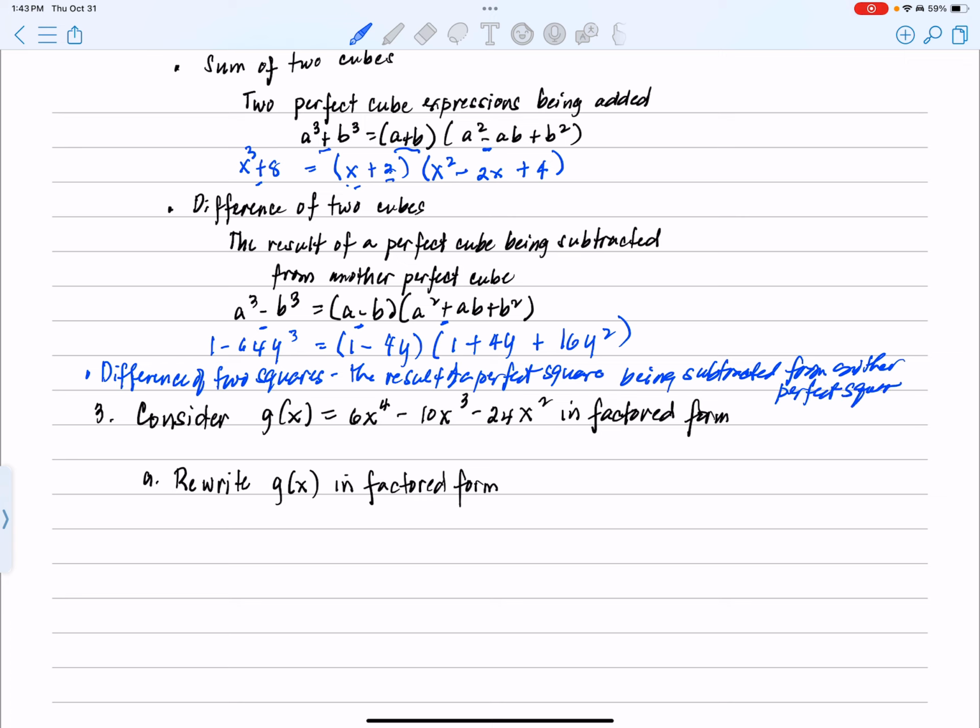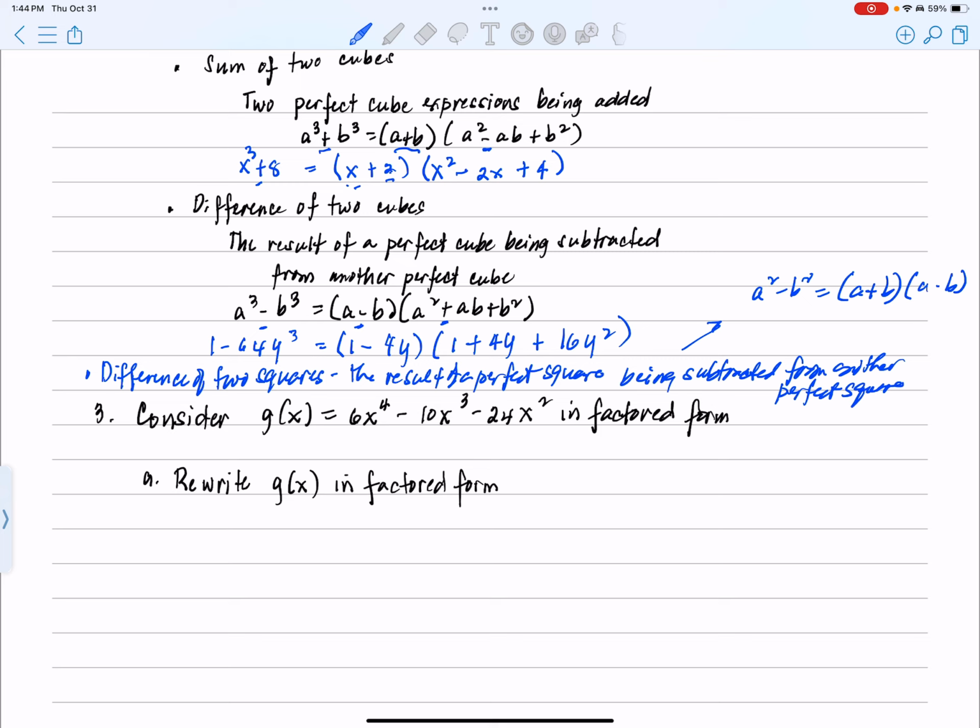So, for example, a squared minus b squared. Okay, so that would be the sum of a and b times the difference of a and b. That's the difference of two squares.